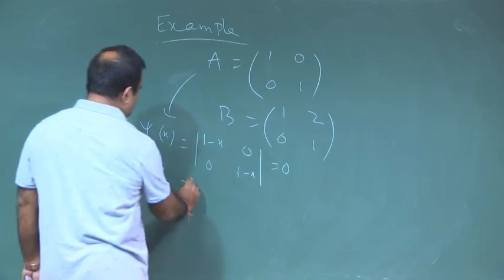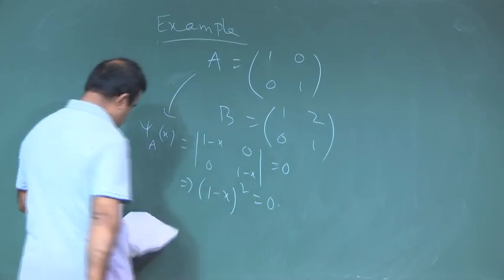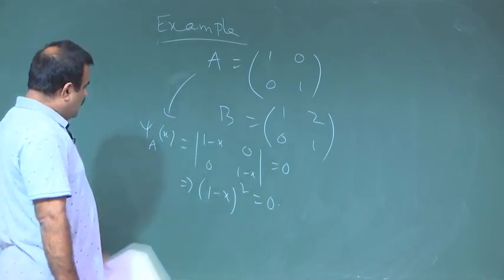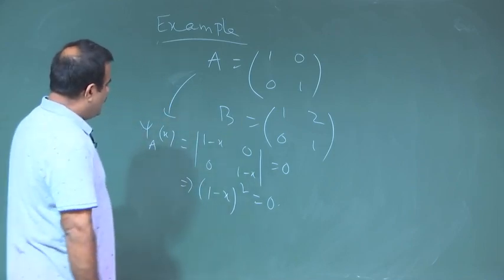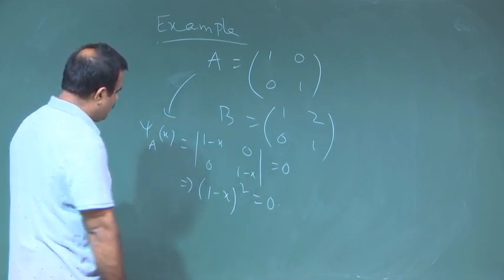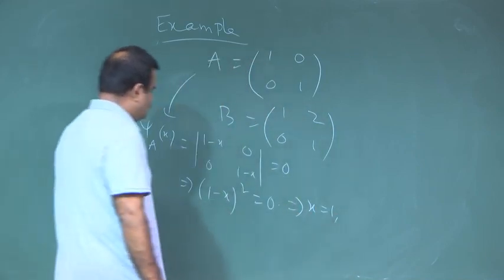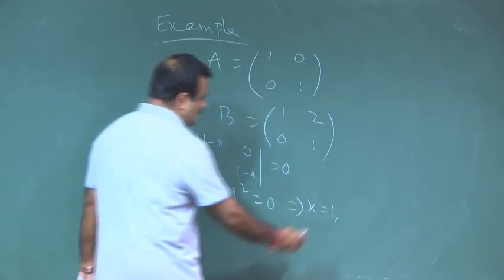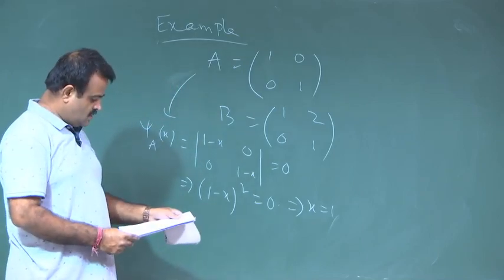This gives us (1 minus x) square equal to 0. So x is 1, with algebraic multiplicity 2. So we have eigenvalue 1.